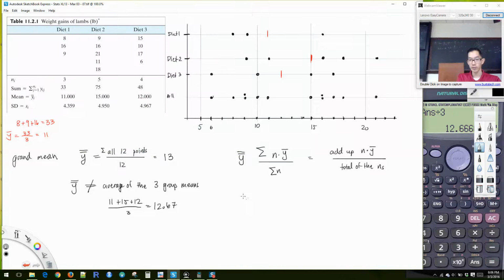So in our case, our grand mean y double bar is equal to 3 times 11 plus 5 times 15 plus 4 times 12, and then we would divide by 3 plus 5 plus 4. So I would get 156 over 12, and that's how I get 13.